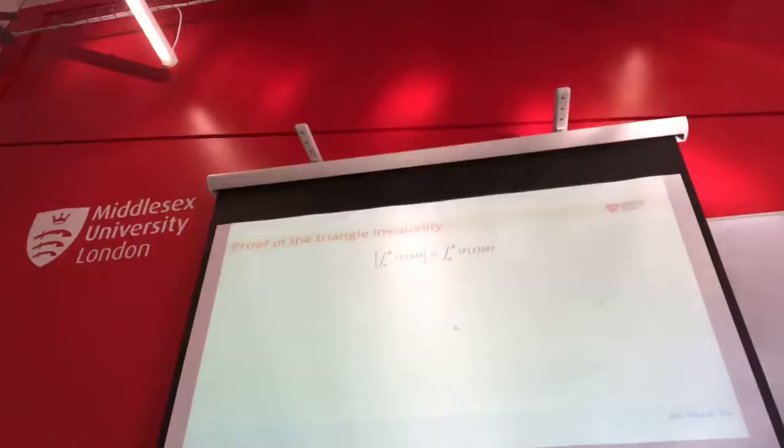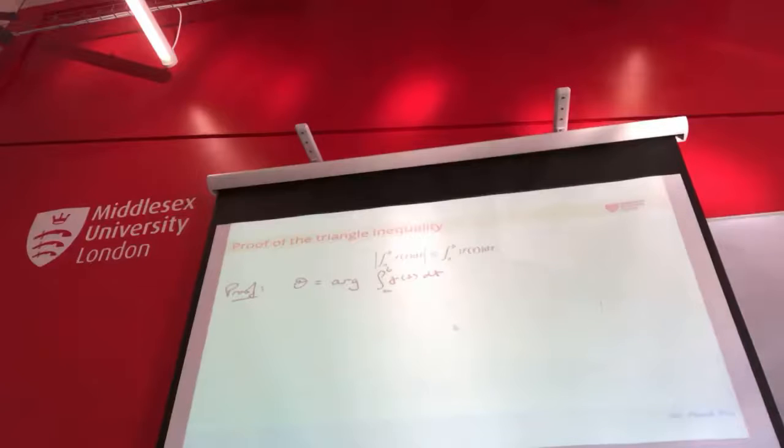So the proof goes like this. It's a short proof, but it's a real do-I-understand-complex-numbers proof. What we do is we let theta be the argument of the integral of f of t dt from a to b.